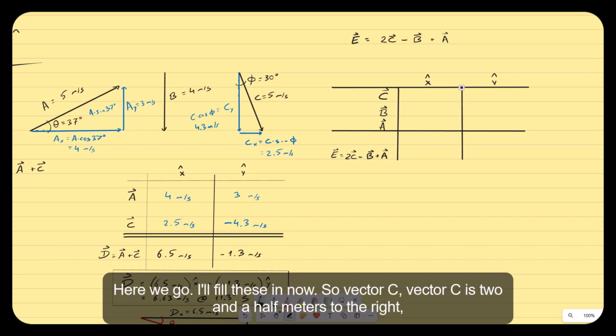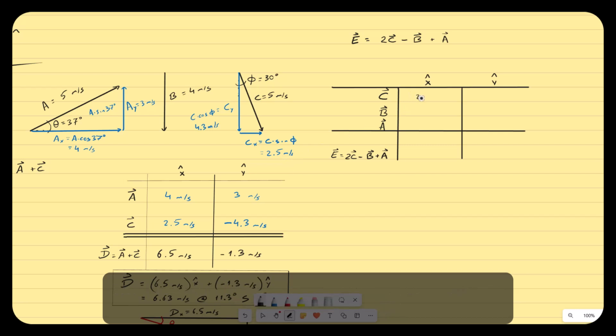Here we go, I'll fill these in now. So vector C is 2.5 meters per second to the right, and it is 4.3 meters per second downward. Vector B is just 4 meters per second downward, and vector A is 4 meters per second to the right, 3 meters per second up.